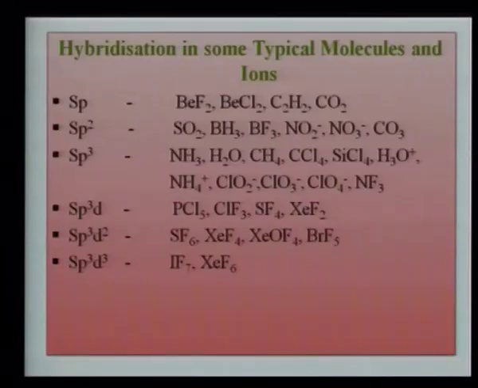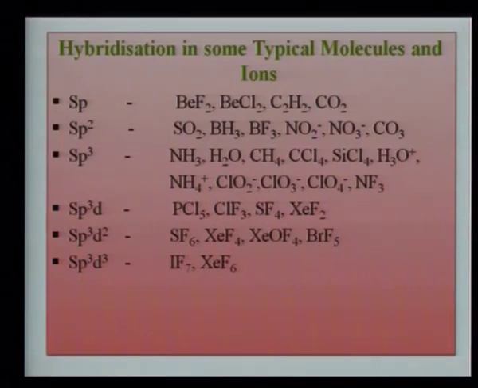Now the hybridization of some typical molecules is given over here. You will find here that sp means linear geometry: BeF2, BeCl2, C2H2, CO2. sp2 means planar triangular: SO2, BH3, BF3, NO2, NO3 minus, CO3 2 minus. sp3: ammonia, water, methane, CCl4, SiCl4, H3O plus, NH4 plus, ClO2 minus, ClO3 minus, ClO4 minus, NF3.